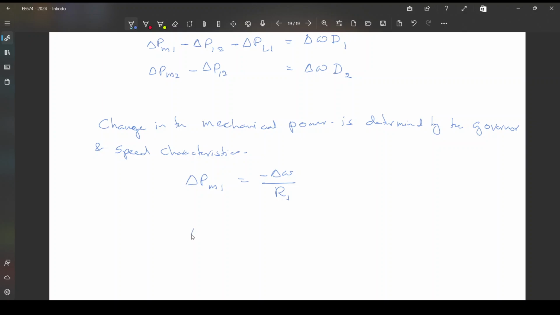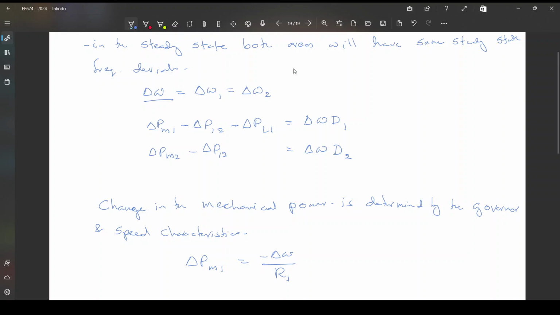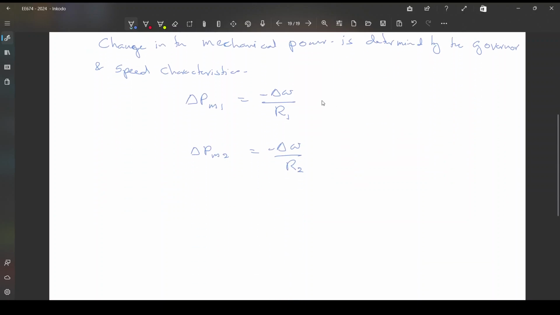And delta Pm2 is equal to minus delta omega over R2. So let's say this is equation 1 and this is equation 2.